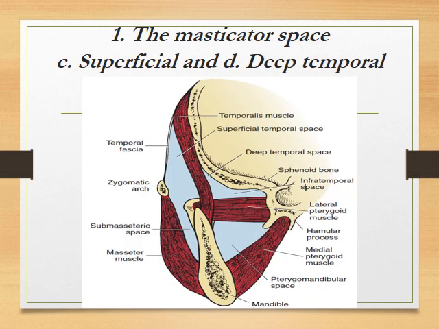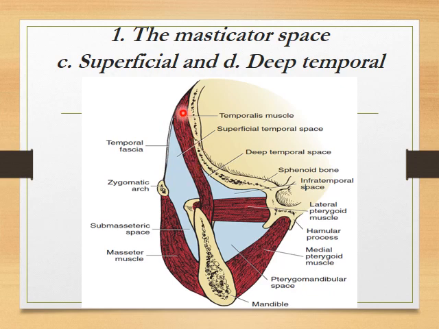The other secondary masticator spaces are the superficial and deep temporal spaces. The superficial temporal space is bounded laterally by the temporal fascia and medially by the temporalis muscle.